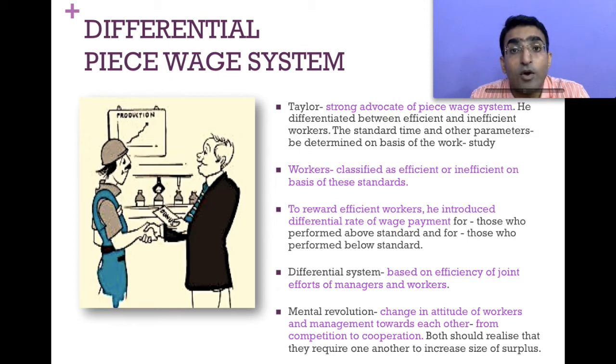And he also emphasized that there should be total mental revolution, that is a change in thought process, a change in attitude of the workers and the management towards each other, because both of them need each other to prosper, to grow, to develop. If the organization is not healthy, it cannot serve its employees, and if employees are not happy, obviously the organization will not survive at all, leaving the profits aside.